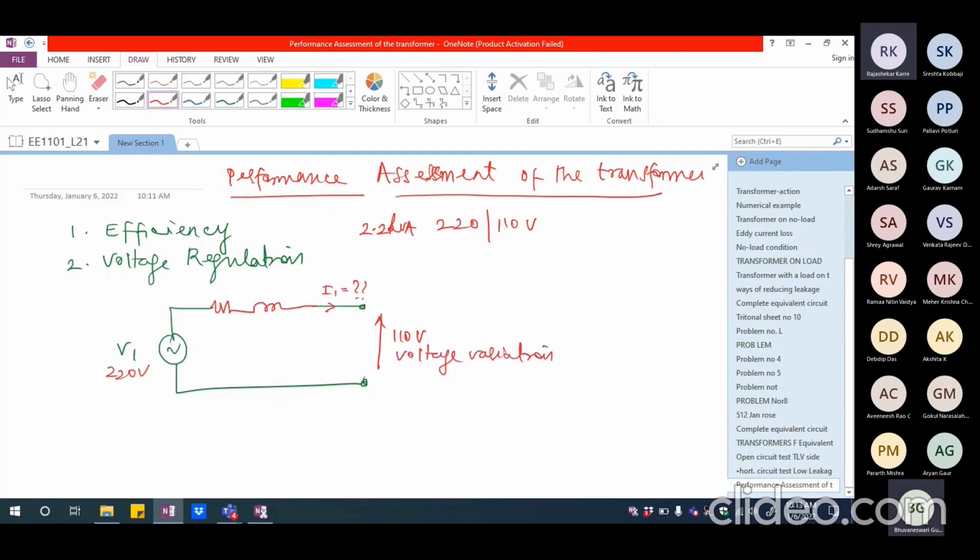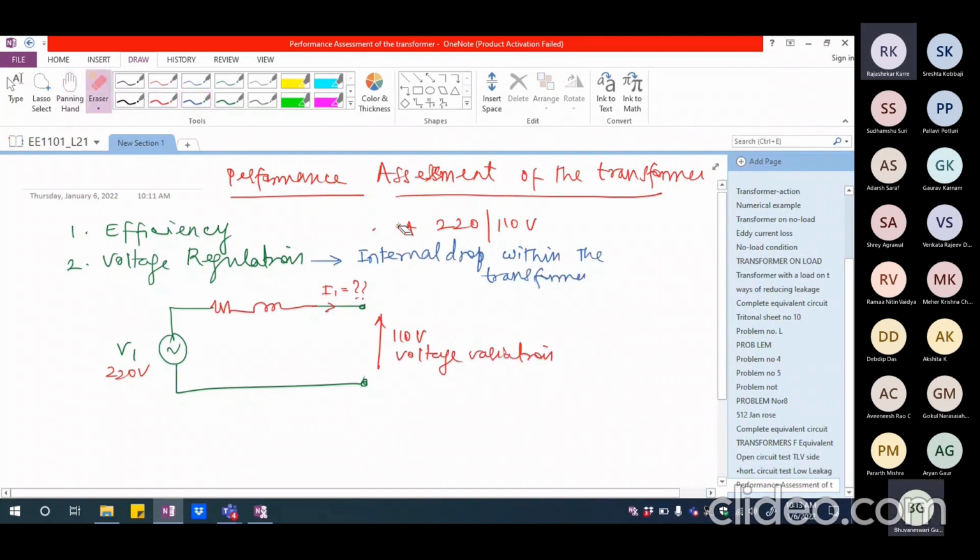How much am I able to really maintain the voltage at 110 volts, irrespective of the load condition, right? That is generally called voltage regulation. So voltage regulation refers to the internal drop within the transformer.